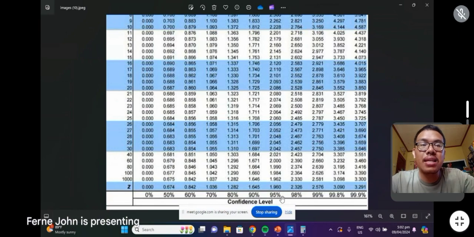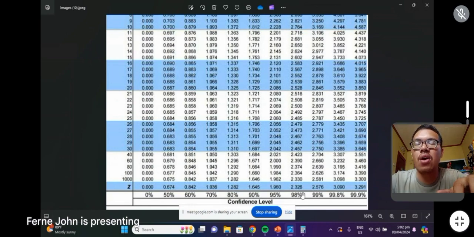In our problem, it is given a 95% confidence level. So let us find the equivalent of the 95% confidence level in terms of its z-score. All you need to do is to find the 95% and its equivalent z-score. The equivalent z-score of 95% confidence level is 1.960 or 1.96.